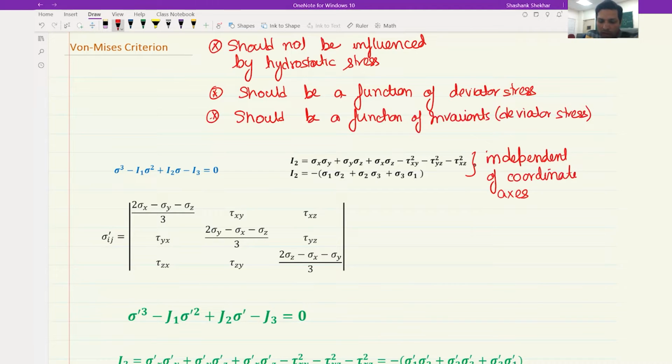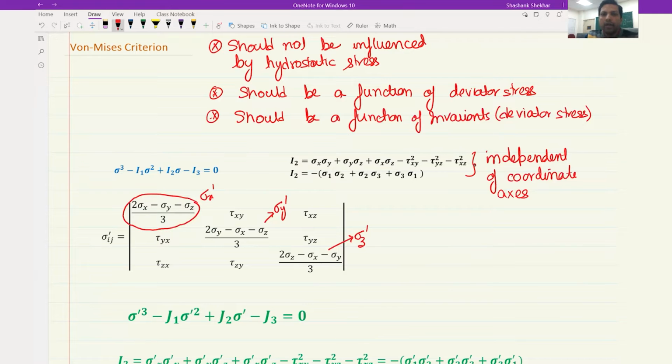Now, this is how our deviator stress looks like, sigma ij prime, where now we have taken away the hydrostatic stress from the diagonal component. So this is how it looks like. So let's call it sigma x prime. This becomes now.